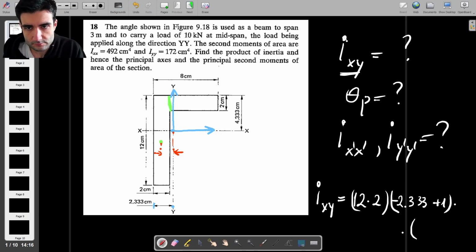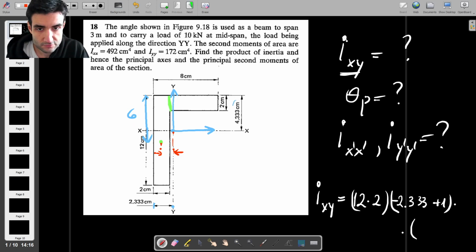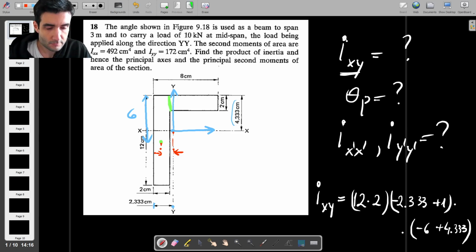From the top to here it's 6 centimeters, and from the top to the main centroid is 4.333. So again we subtract one from the other, so the result is going to be 6 minus 4.333. We'll do the same thing as before because it will be a negative value, right?